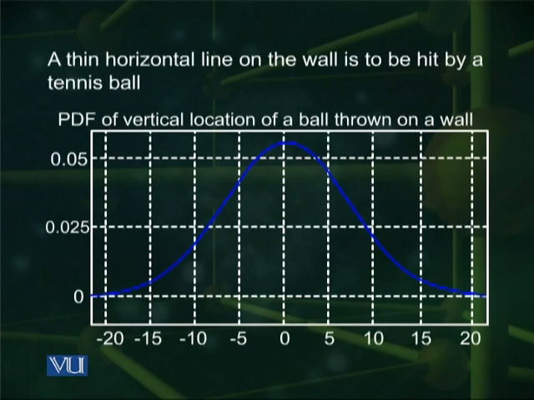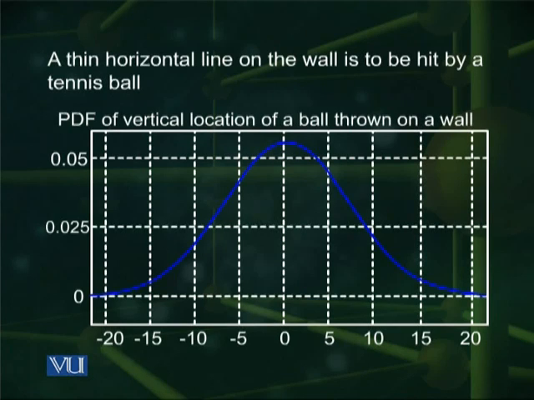Let's find the probability of the event that the point that you hit lies within plus minus 5 centimeters from the line. I have assumed for this Gaussian random variable a value of lambda equal to 0.01. With this value of lambda, I have drawn this PDF, and on this PDF I want to find the probability of this random variable lying between -5 and +5.